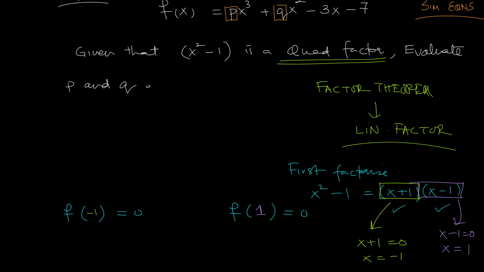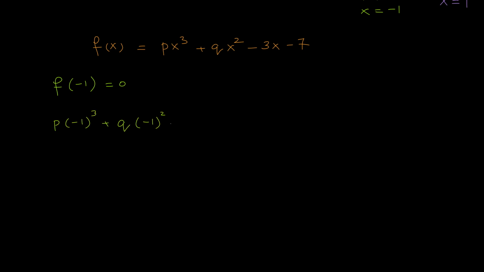So our f(x) is px^3 plus qx^2 minus 3x minus 7. First equation, f(-1) equals 0: p into (-1)^3, q into (-1)^2, minus 3 into (-1), minus 7 equals 0.